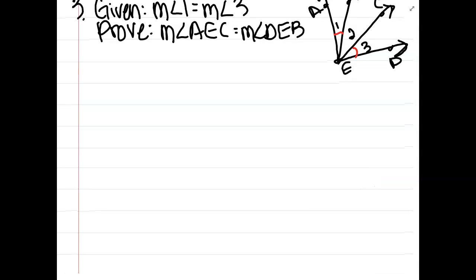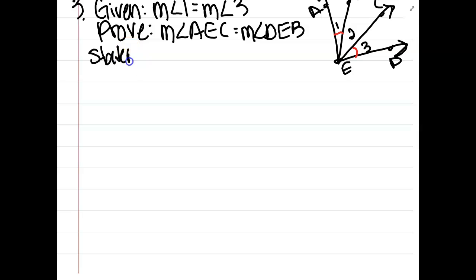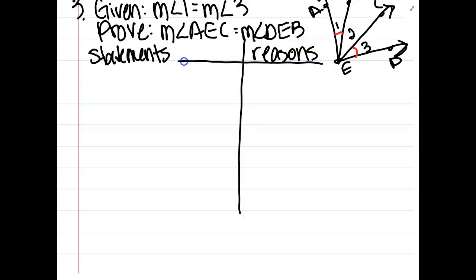Okay? So we have our statements and our reasons. The first statement will be given to you, but we should already know it, right? The first statement is the measure of angle 1 equals the measure of angle 3.